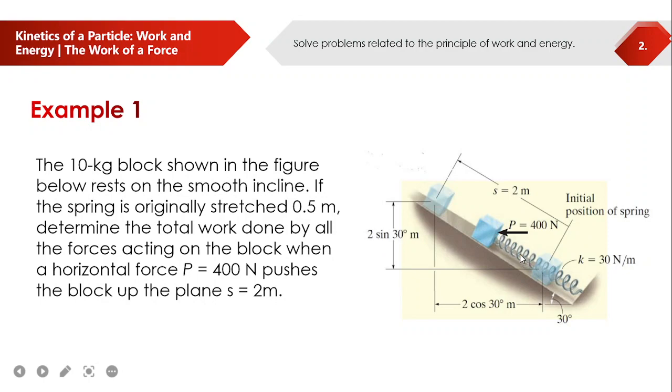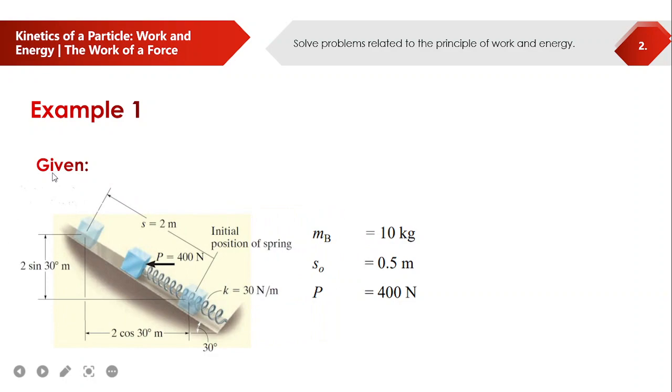Kumbaga, meron tayong ditong spring. Ipu-push natin ng 400 Newton hanggang umabot siya sa s equal to 2 meters. Ayan. So, ano yung work natin dito? The total work done by all of the forces acting on our block. So, that's yung given, yung figure natin. Tapos yung mass ng block is 10 kilograms.